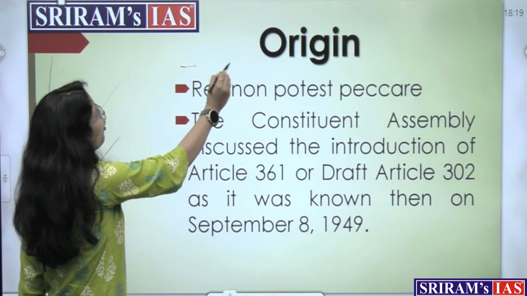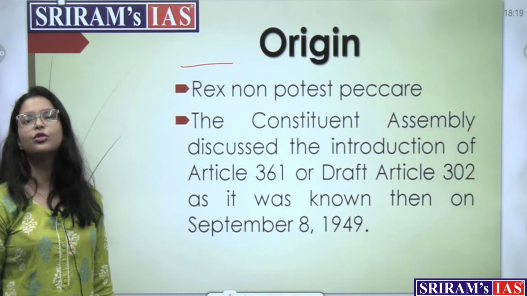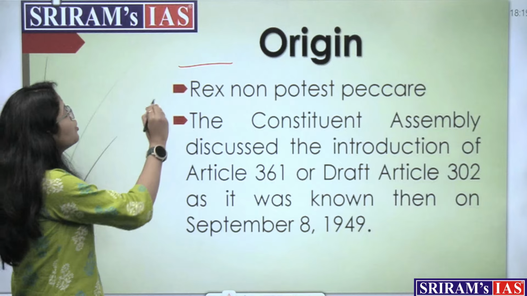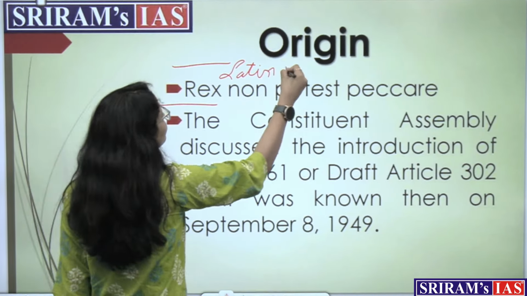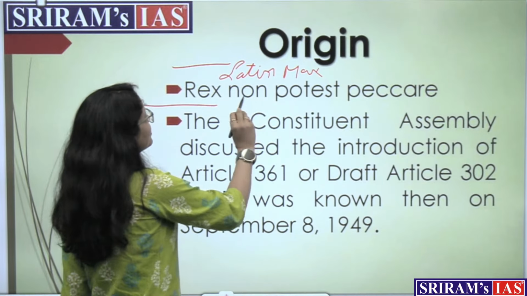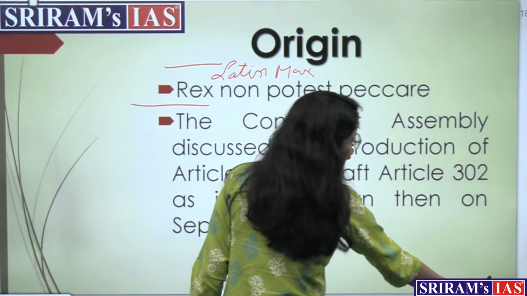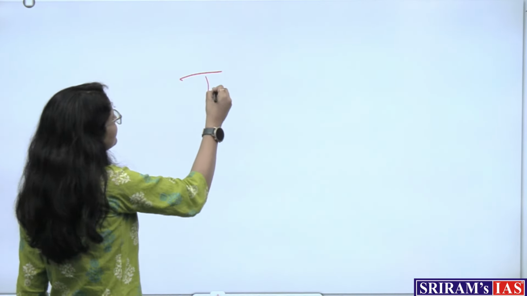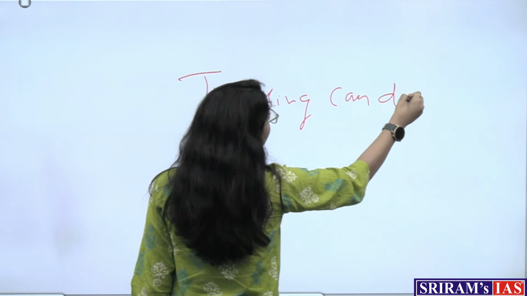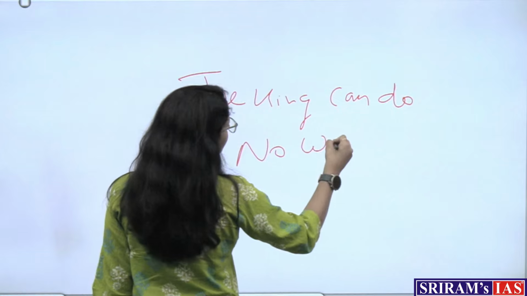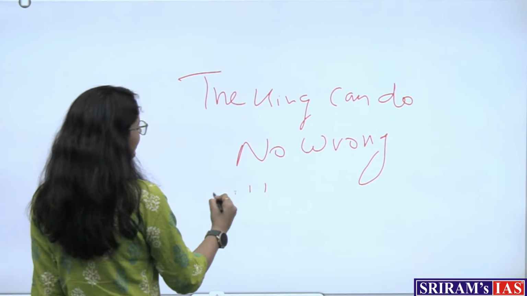now let us discuss the origin of this constitutional immunity that has been granted under Article 361 of the Indian Constitution. So there is this Latin maxim, rex non potest peccare, that means the king can do no wrong. And this is very well established in the English legal system.